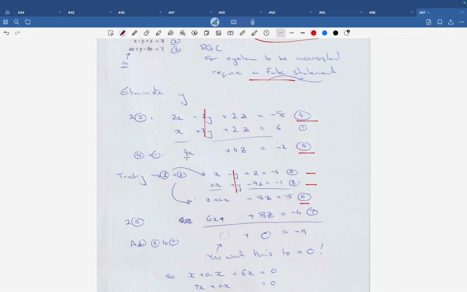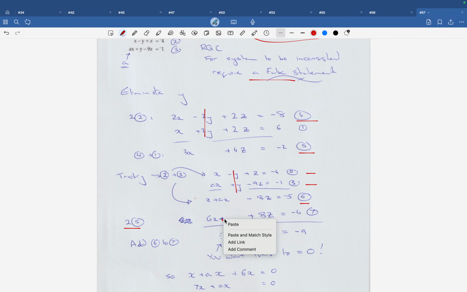So now, we've eliminated the y terms. We've got this term up here, 3x plus 4z equals -2. And we've got this term in here. So what I've done is I've looked at equation 6 and I've seen there -8z. So I thought that's 4z. So I'm going to take equation 5 and times it by 2. So that gives me 6x.